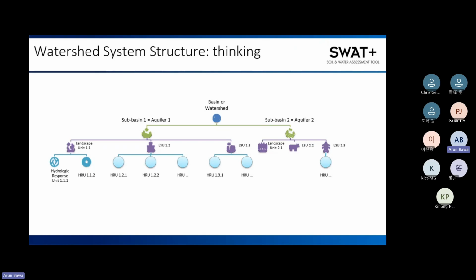So you will get your outputs. You can get your output at HRU scale, at LSU scale, and you can get the entire watershed picture also. Okay, so it's a semi-distributed model.